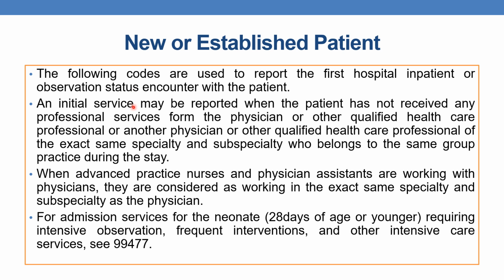An initial service may be reported when the patient has not received any professional services from the physician or other qualified healthcare professional, or another physician or other qualified healthcare professional of the exact same specialty and subspecialty who belongs to the same group practice during the stay.